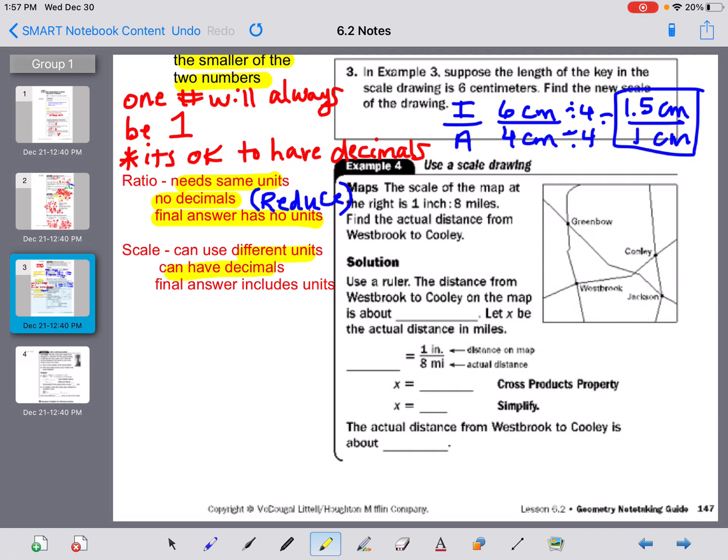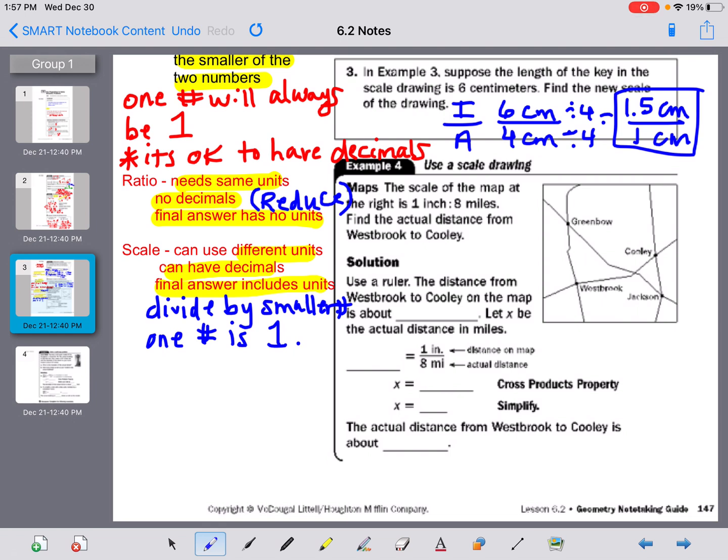It can have decimals. Final answer includes the units, okay? So on this one, we divide by the smaller number, and one number is 1 every time. Ratio versus scale. They're very different, even though they could use the same numbers, okay? What you're going to see, though, is going to look different.